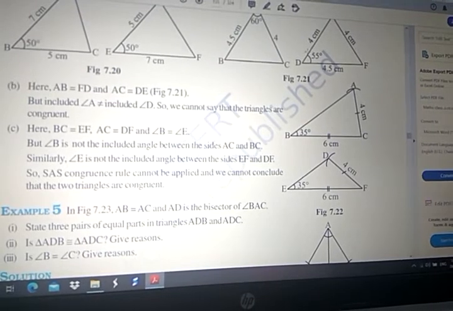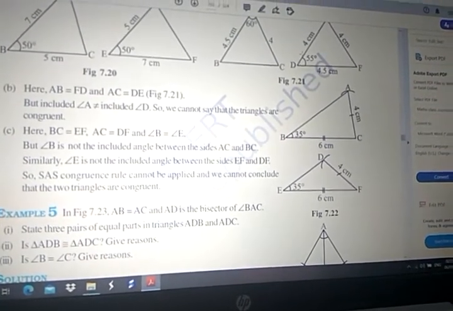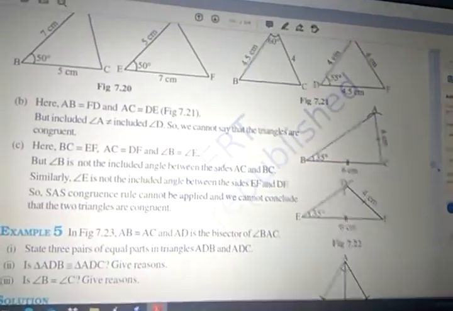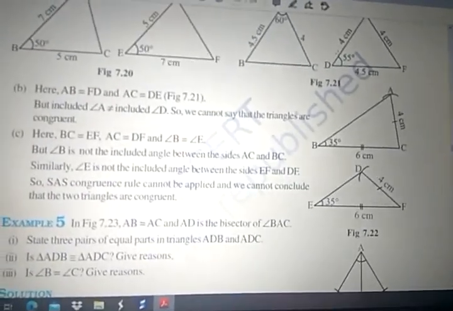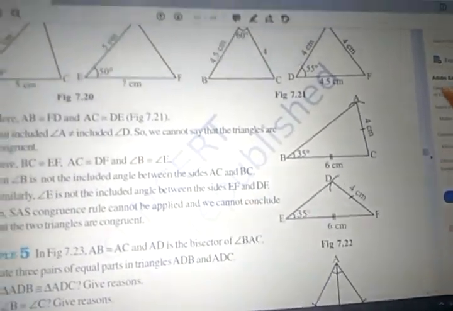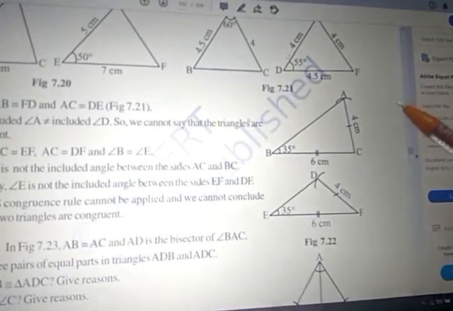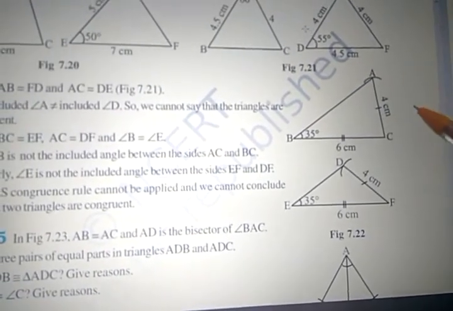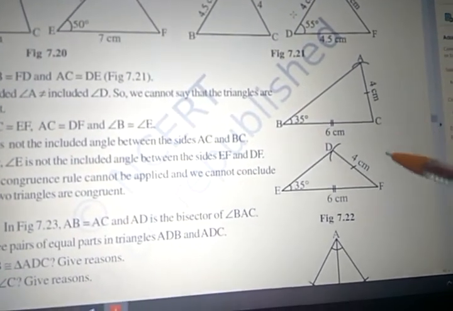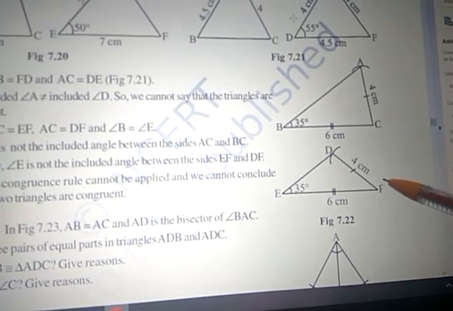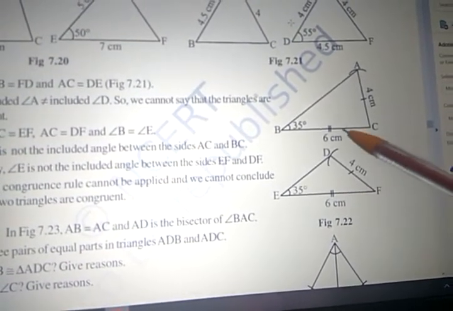Hence, SAS is also not possible, because students, you look here, our criterion is SAS, means two sides and the included angle. Here you see side 4 centimeter is here, here 4 centimeter is here, another side 6 centimeter here, and this is here.